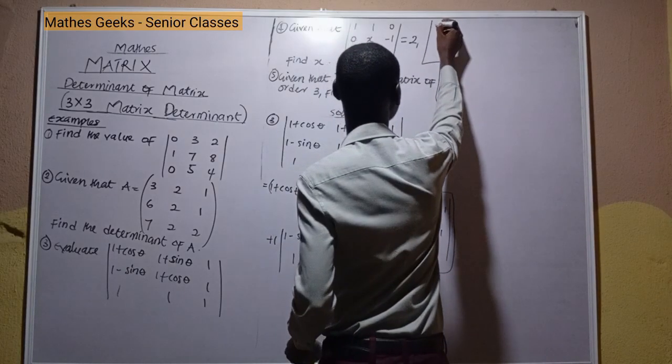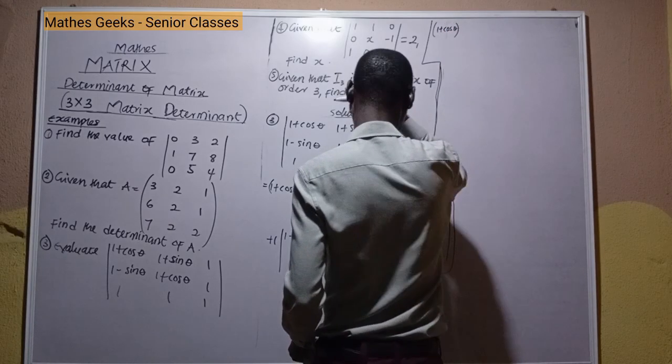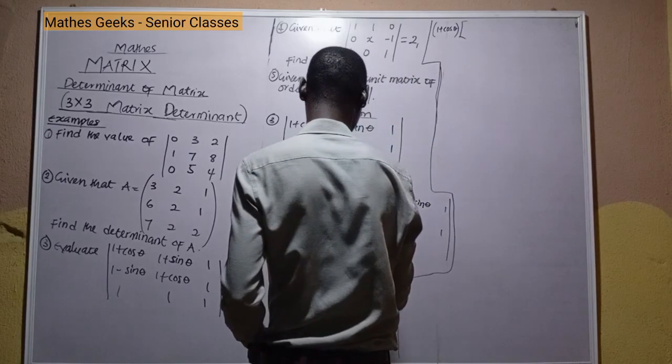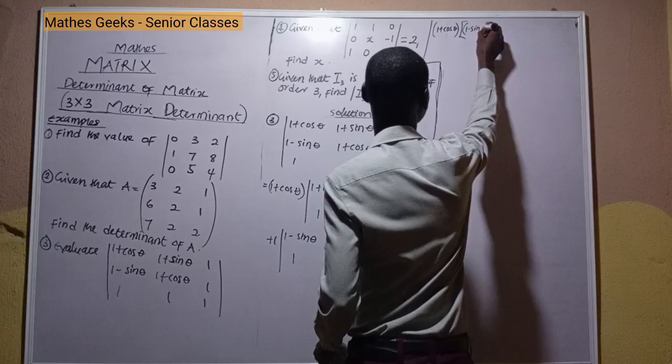1 plus cos theta. 1 minus sin theta times this will give us 1 minus sin theta.